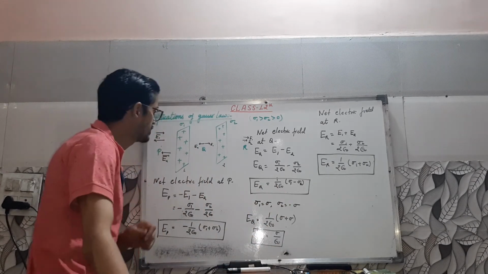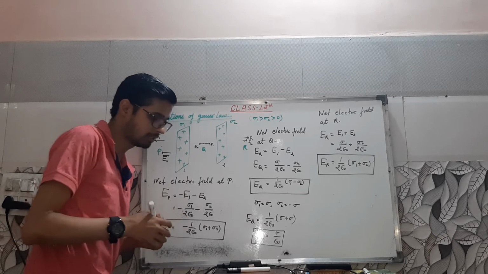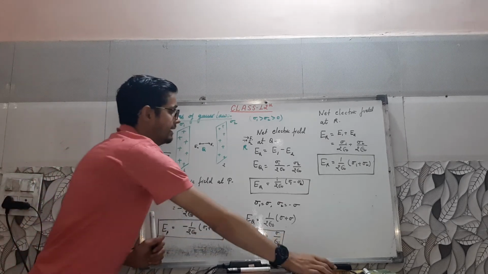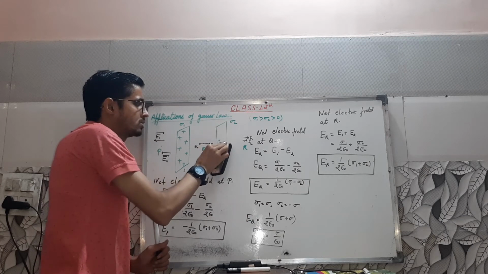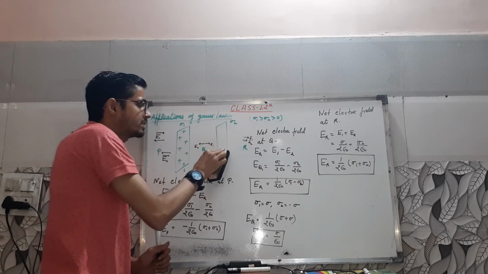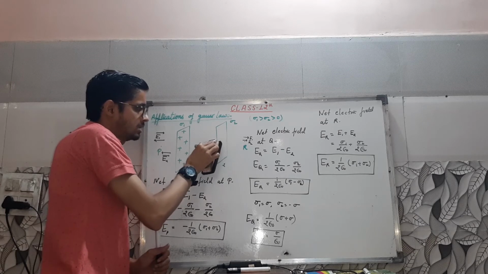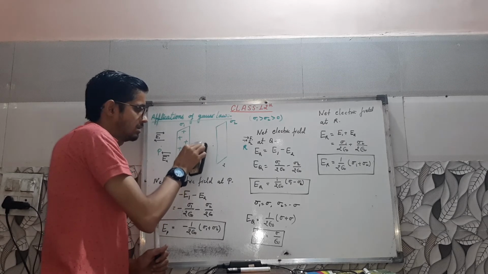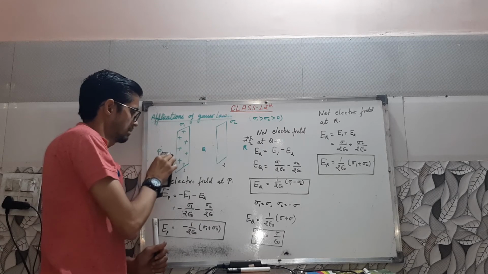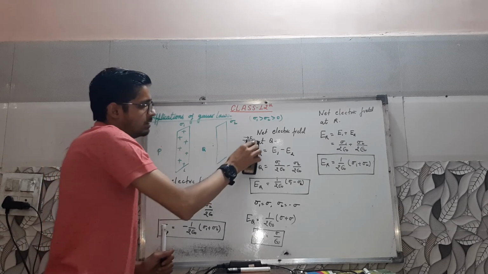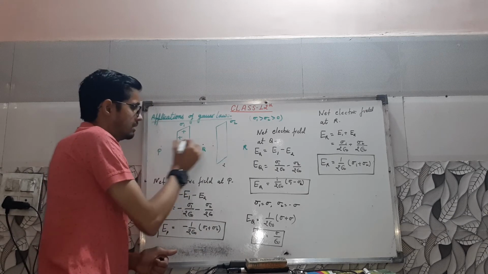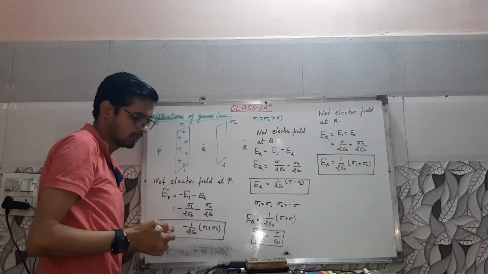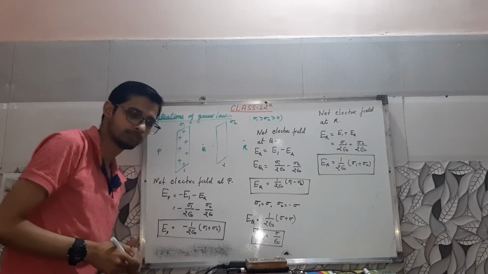Now what is the direction? Suppose that this plate is negatively charged, so how is the direction changed?